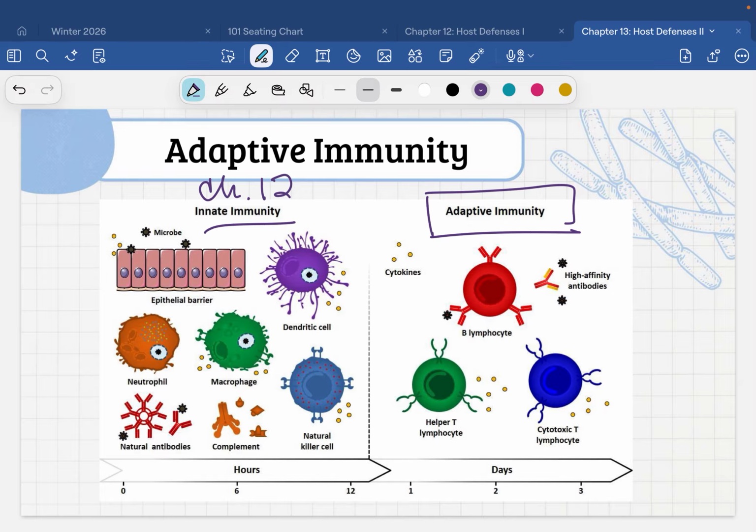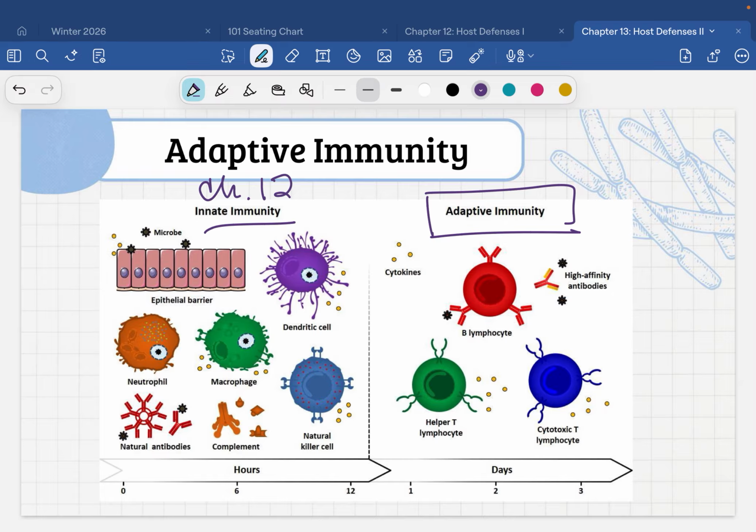Now the adaptive immune system, remember, only really occurs if the innate immune system fails. It's only going to be triggered if something gets past all of your innate defenses, all of those first lines of defense, all of those second lines of defense. If something manages to survive all of those things, then the adaptive immune system will be triggered. Okay?